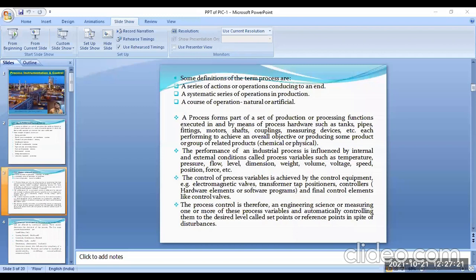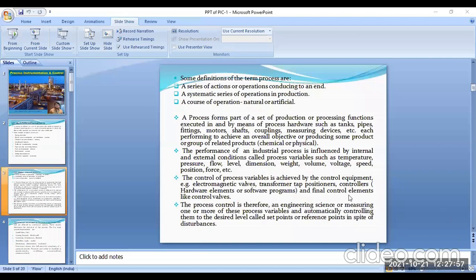In the hardware element, we use different types of valves, that is electromagnetic valves, different types of switches which control the overall operations, transformer tap positioner meters, and different types of controllers. In your previous semester, you studied control systems, that is PI and PD controllers. You should also be clear on this controller idea.